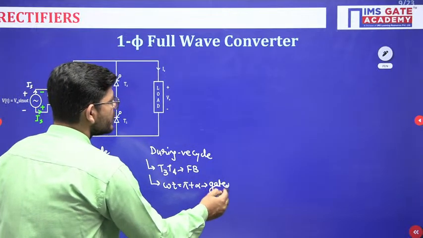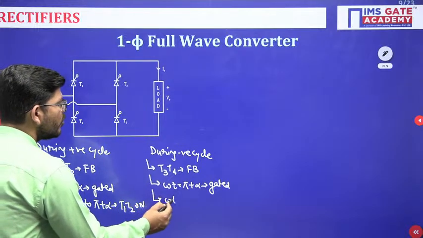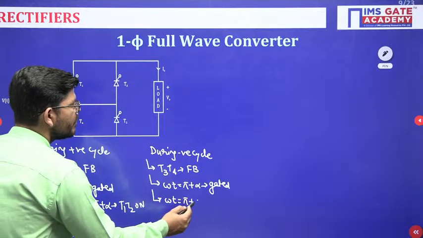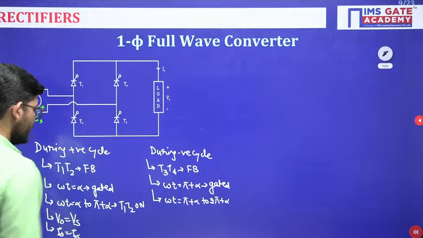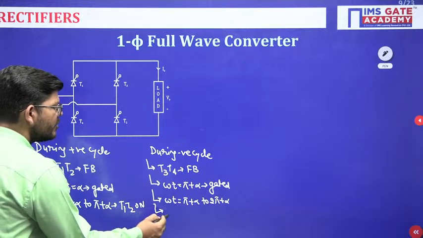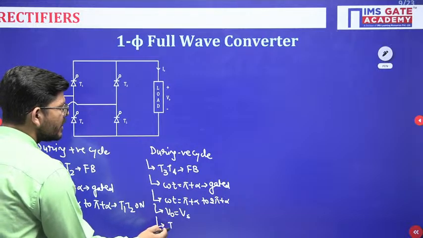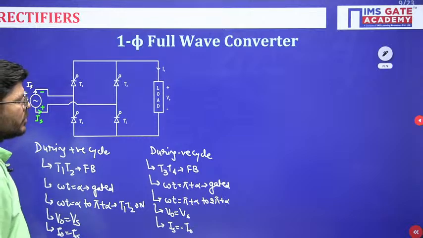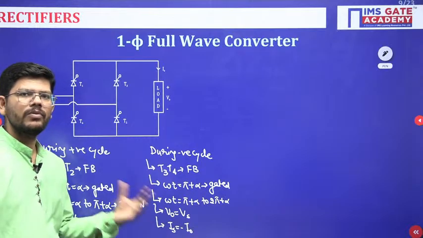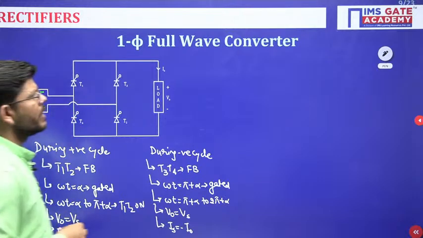They conduct from omega t equals pi plus alpha to 2 pi plus alpha, and when they conduct, again your output voltage will be equal to the input voltage, but your source current and the load current are now opposite. Okay, so the source current will be minus I naught. This is what will happen when a particular switch is on.